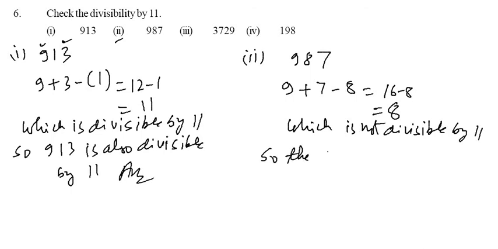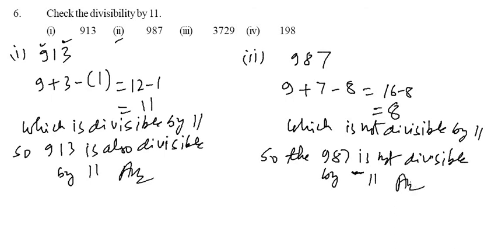So the number 987 is not divisible by 11. So that is your answer.